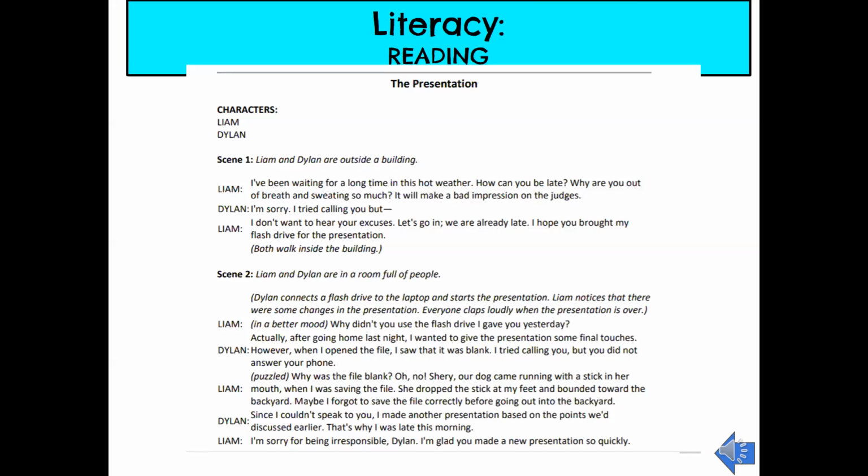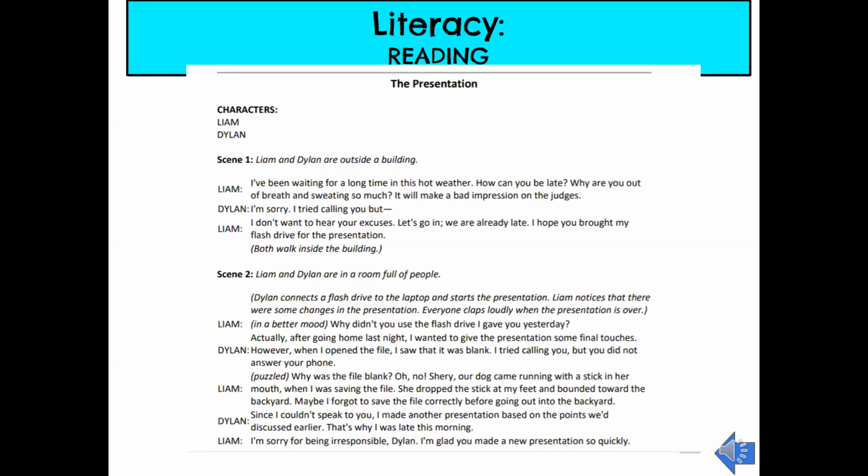Scene two. Liam and Dylan are in a room full of people. Dylan connects the flash drive to the laptop and starts the presentation. Liam notices that there were some changes in the presentation. Everyone claps loudly when the presentation is over. Liam's in a better mood.